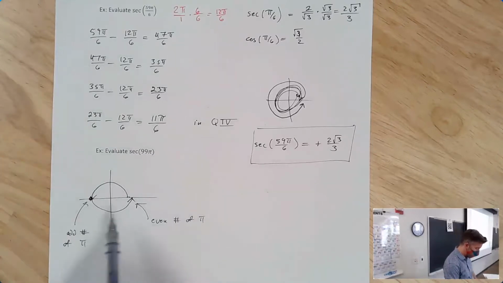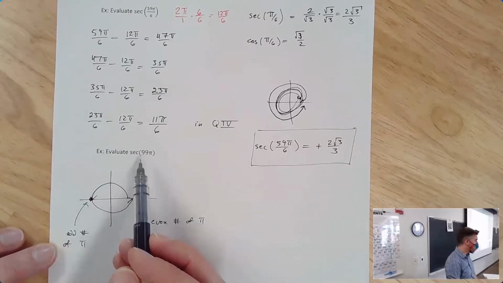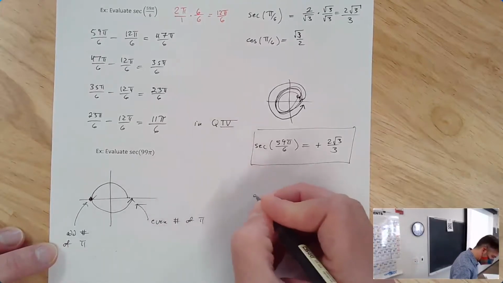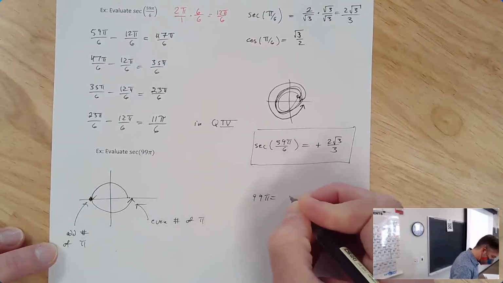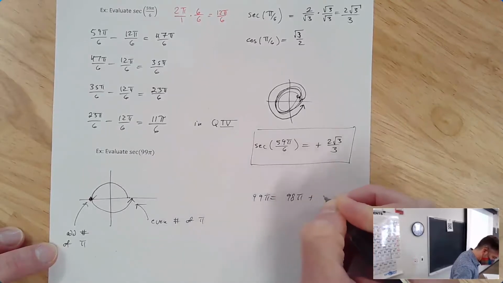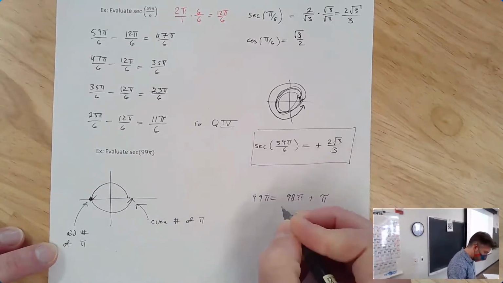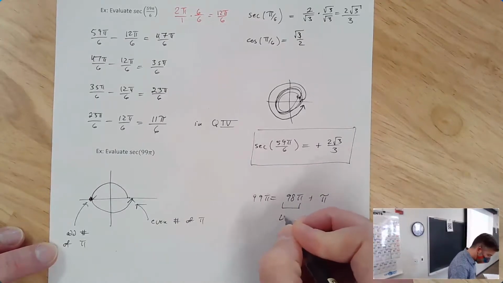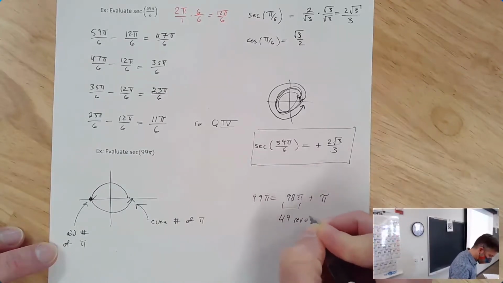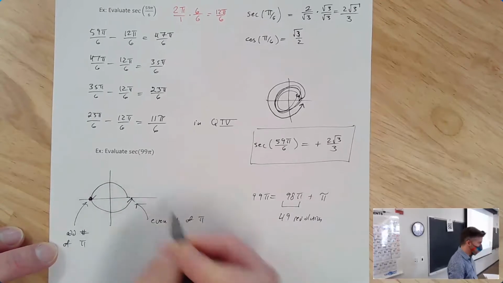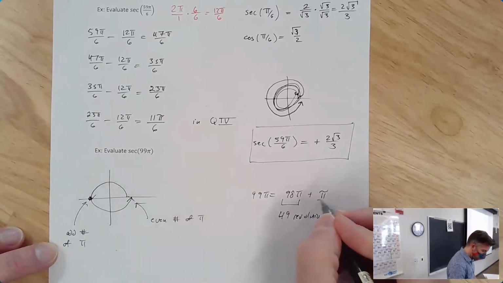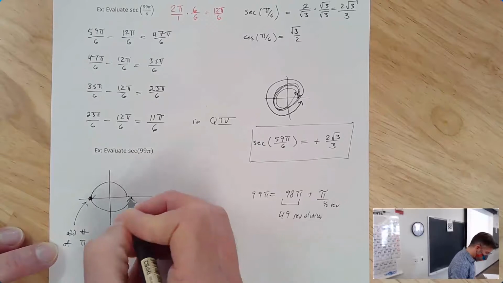Here we actually have 49 revolutions plus half a revolution, right? 99 pi is 98 pi plus 1 pi, and that 98 pi is 49 revolutions. So I did 49 revolutions and then another half a revolution. So I ended up over here.